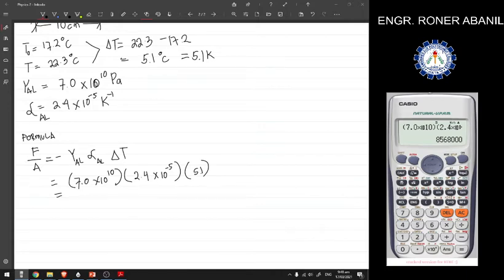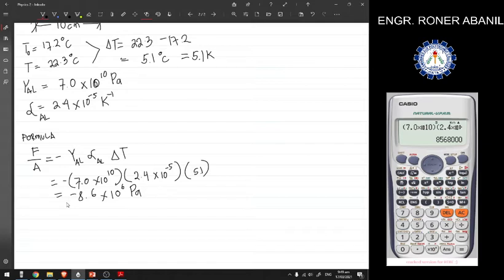Ang lalabas is negative 8.6. May negative 'to. Magiging negative 8.6 times 10 raised to 6th power.